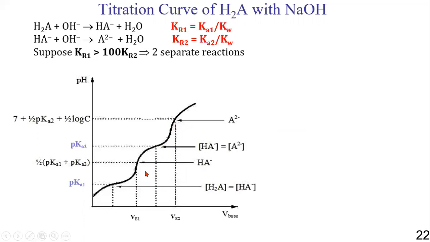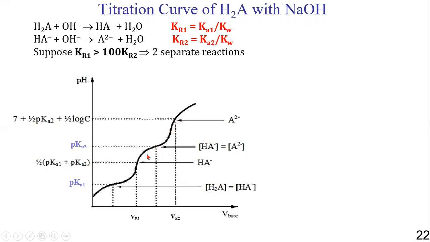So this is a diprotic curve, most likely. And at this first vertical line, we will say this is V equivalence 1. And at this vertical, we say it's V equivalence 2.